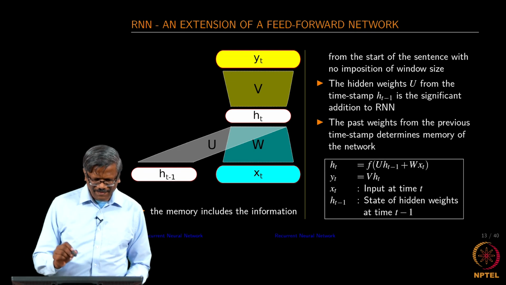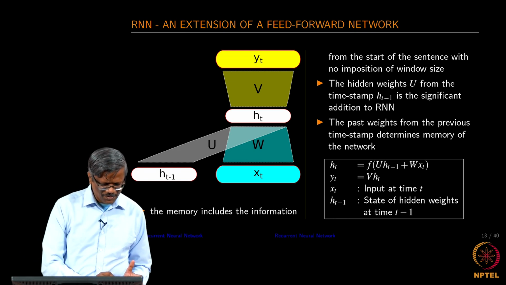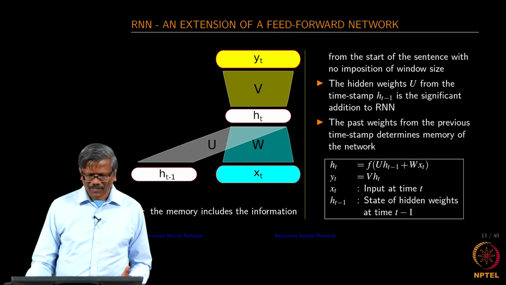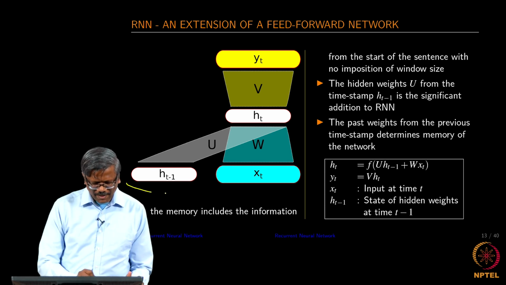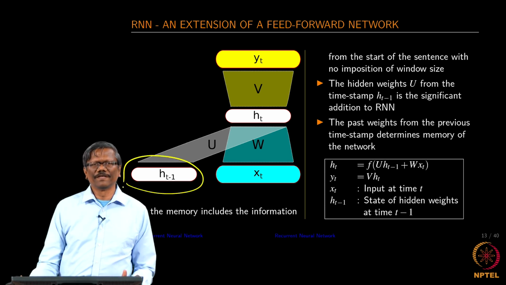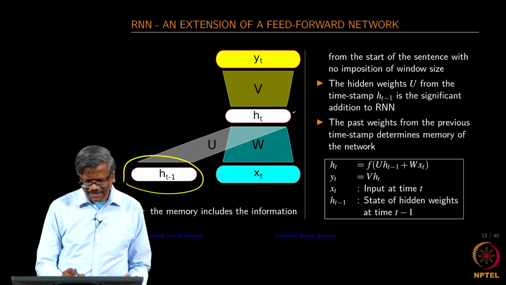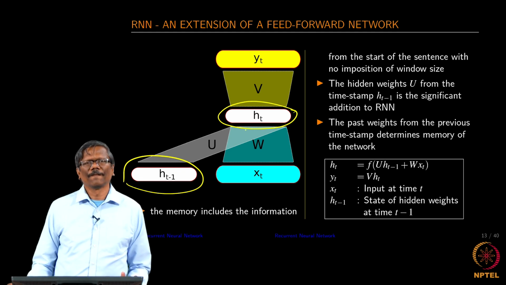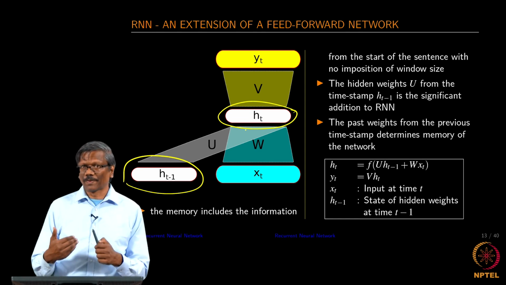In this slide we will see that the same neural network that I showed you earlier can be unrolled. That means I have the state of the previous hidden layer and I connect it to the state of the current hidden layer through another weight that I have created. So, now we are introducing one more parameter.